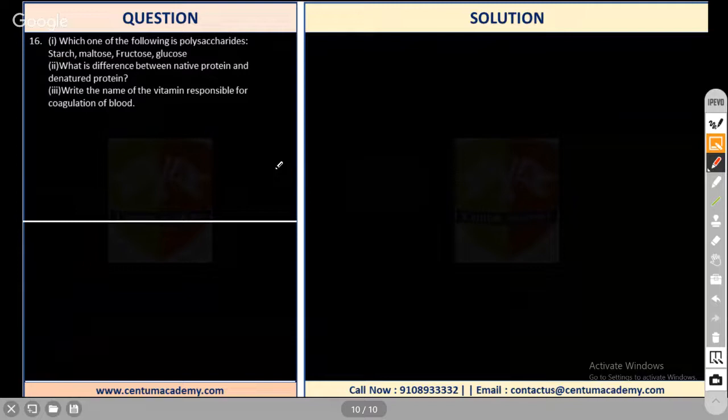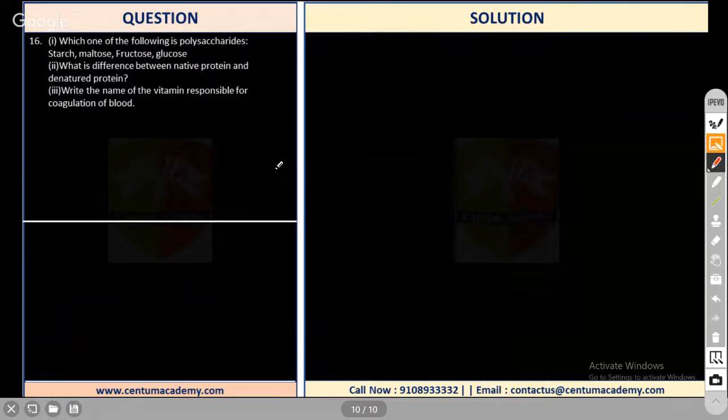What about maltose? Is it mono or disaccharide? Yeah, maltose is a disaccharide.